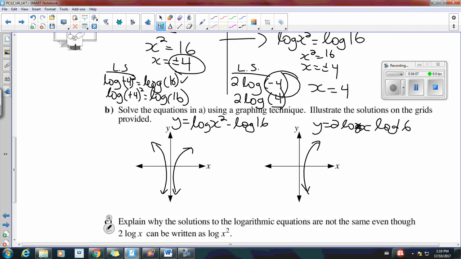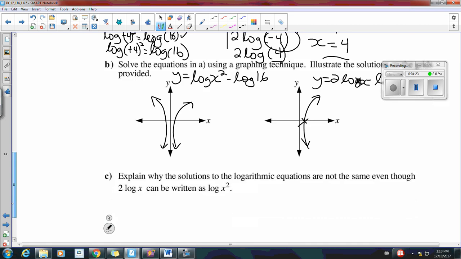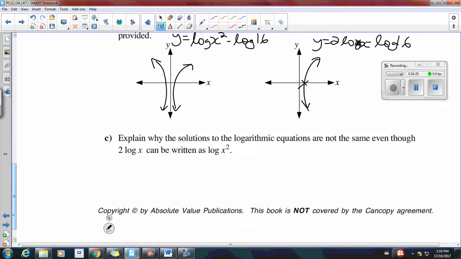So solving by graphing is always a good way to make sure if your solutions are extraneous. When you're graphing, you will never get an extraneous solution. You'll see that this only has one x-intercept, and it will happen at 4. So it's always a good idea to solve by graphing afterwards to make sure you caught any extraneous solutions.